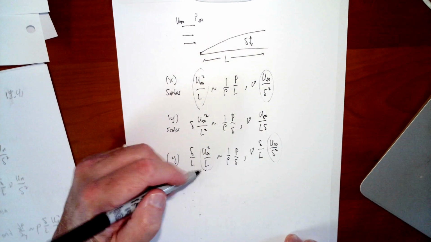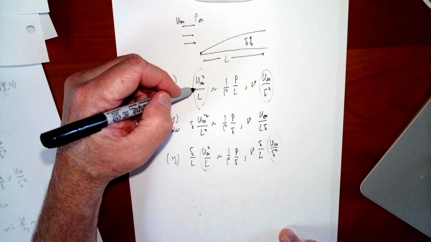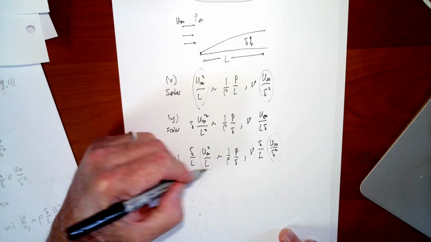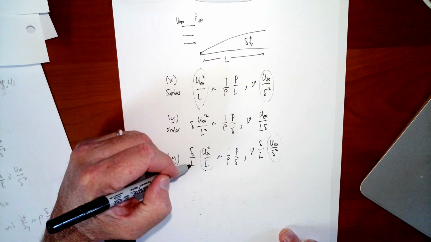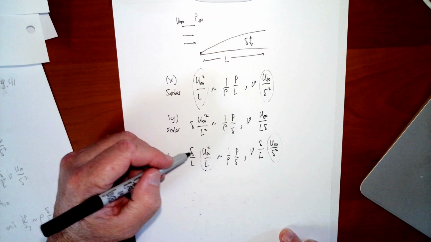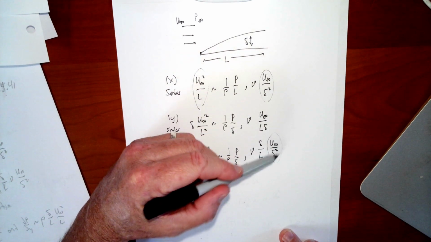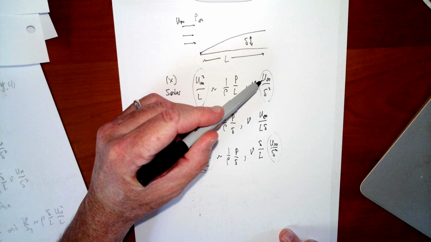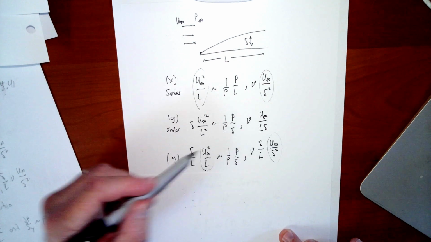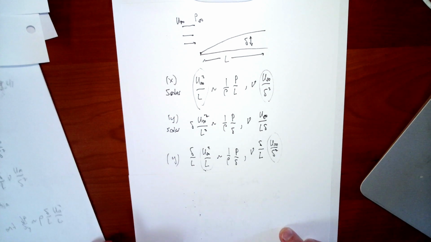So we can see that this term here is delta over L times u infinity squared over L, which is the same as this term just multiplied by delta over L. So the inertial forces in the y momentum equation are much, much smaller than the inertial forces in the x momentum equation, because delta over L, of course, is very small, because delta is much smaller than L. Similarly, the viscous forces have the same form as the x momentum viscous forces, but they're also just multiplied by delta over L. So both the viscous forces and the inertial forces in the y momentum equation are significantly smaller than those forces in the x momentum equation.